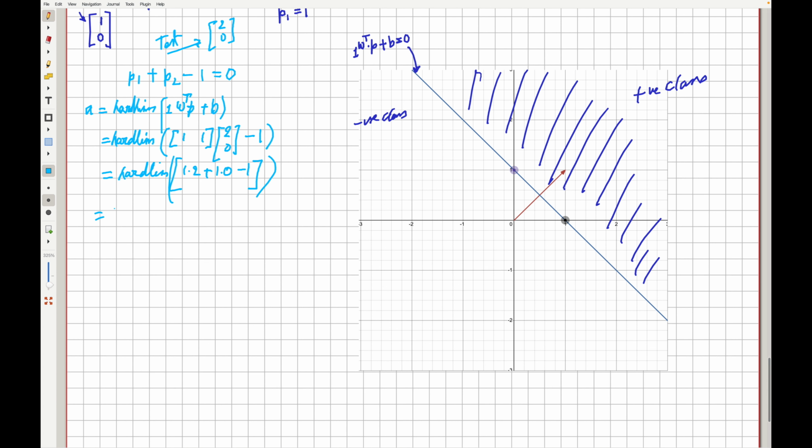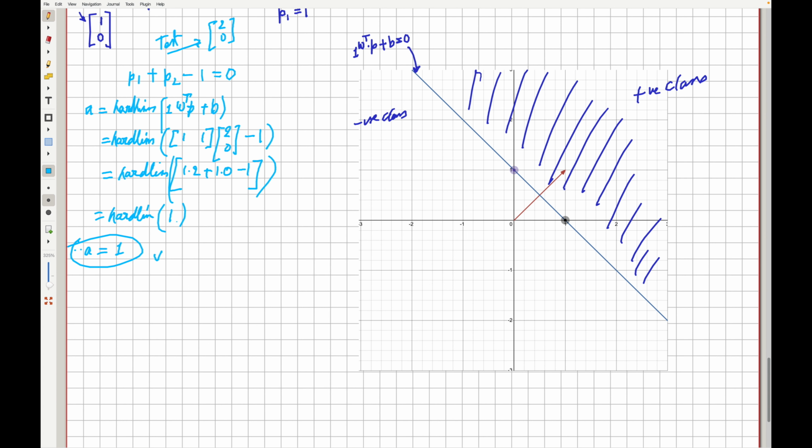So we get hardlim of 2 minus 1, which is 1. And because this value is greater than 0, our a is simply going to be equal to 1.